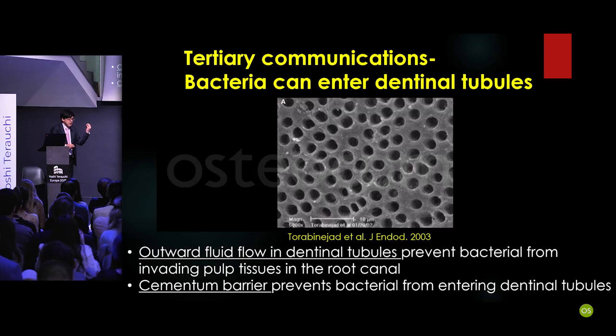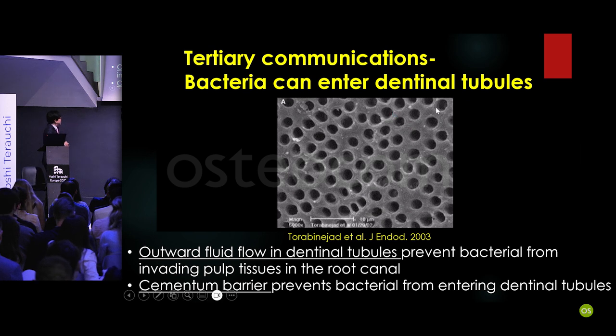And when the root is exposed because of gingival recession, maybe the pulp can be necrotized because of bacteria coming into the dentinal tubules from the exposed root, because you have lots of dentinal tubules in the coronal third. If the tooth is vital, you have outward fluid flow in the dentinal tubules.